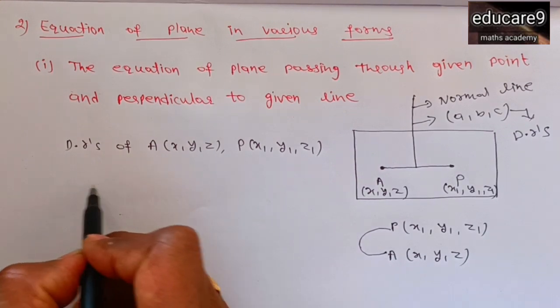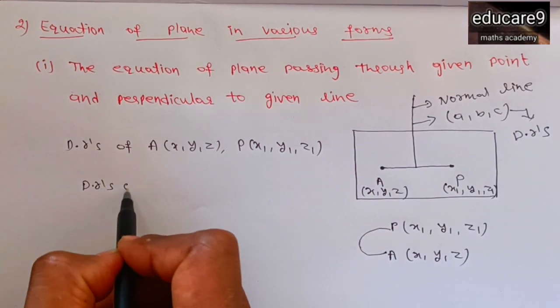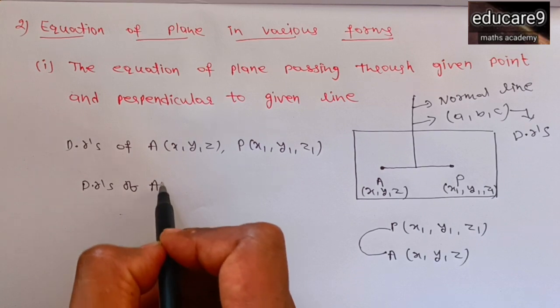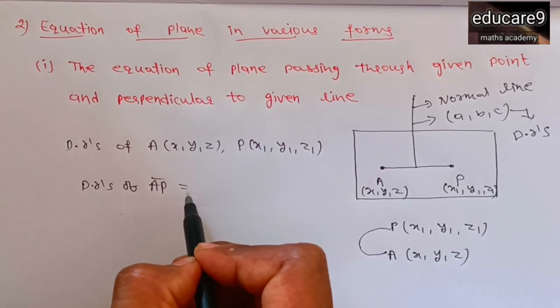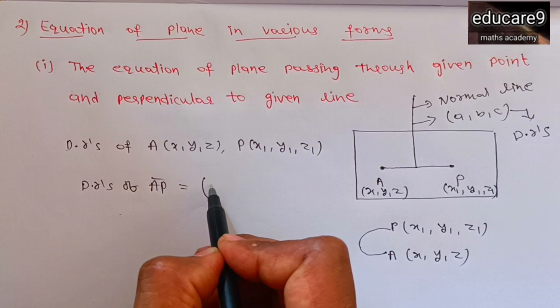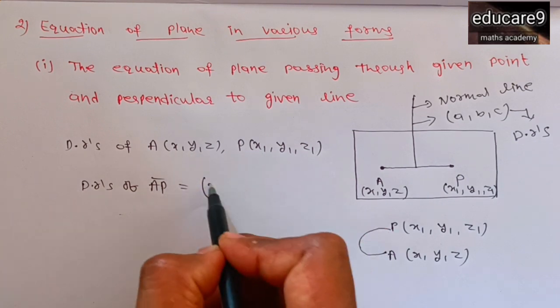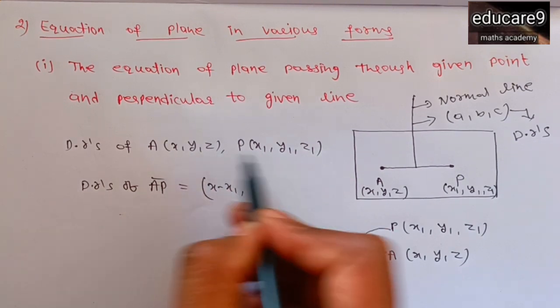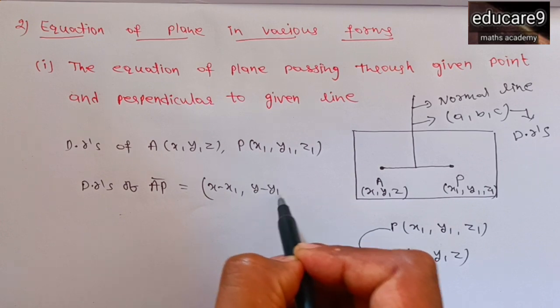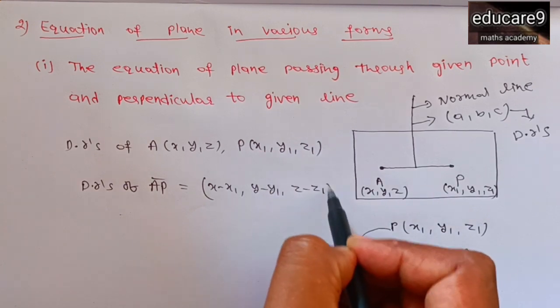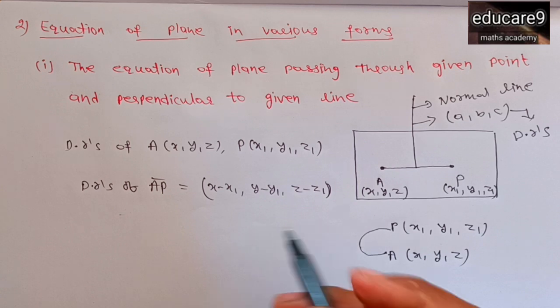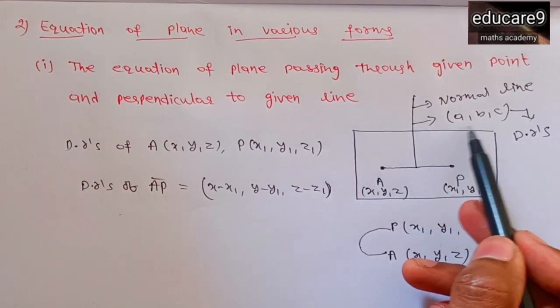So the DRs of AP equal the differences of the coordinates: x minus x1, y minus y1 and z minus z1. And the DRs of the normal are a, b, c.